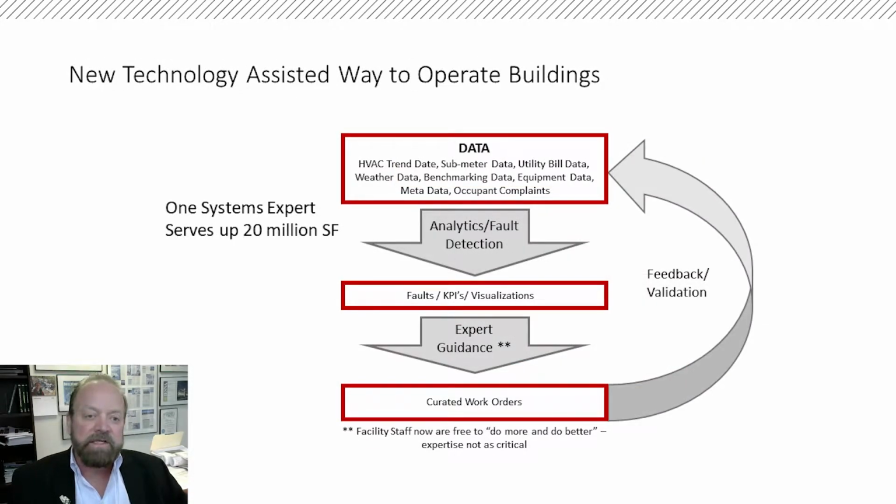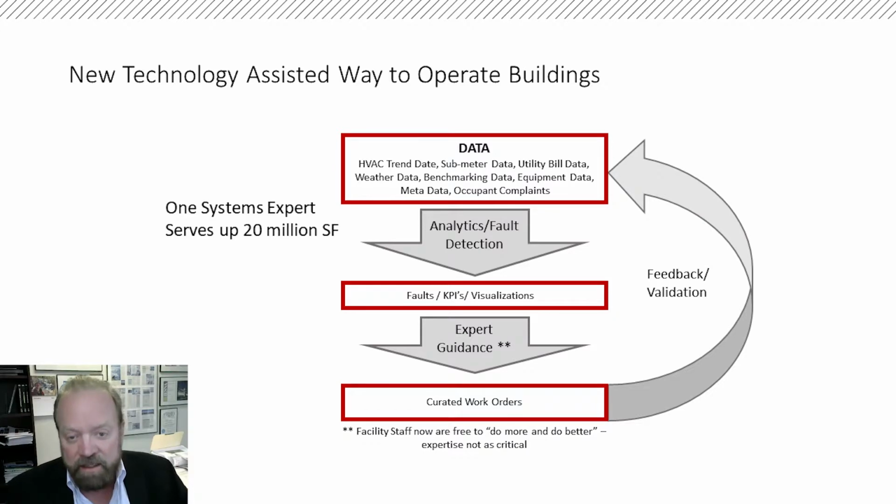The new technology-assisted way to operate buildings, you use data. You use HVAC trend data, sub-metering data, utility bill data, weather data, benchmarking data, equipment data, metadata, and still occupant complaints.